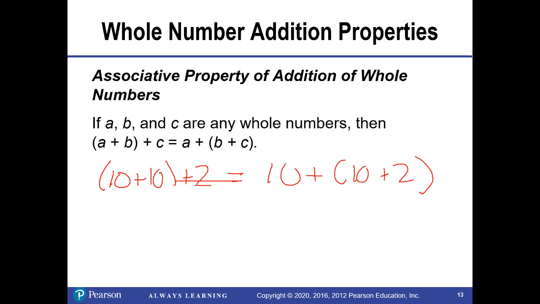So 2 10s and 2 more is also the same as 10 plus 12. So if we're adding 10 plus 12, this strategy helps. They're actually going the opposite order for that, rather, but same idea.